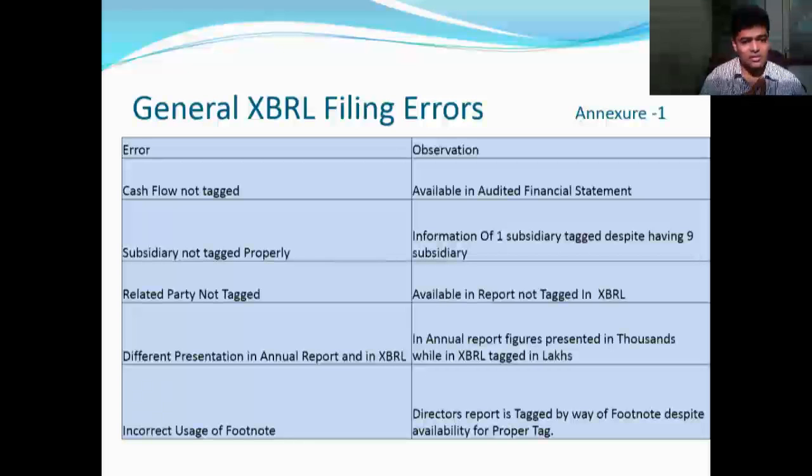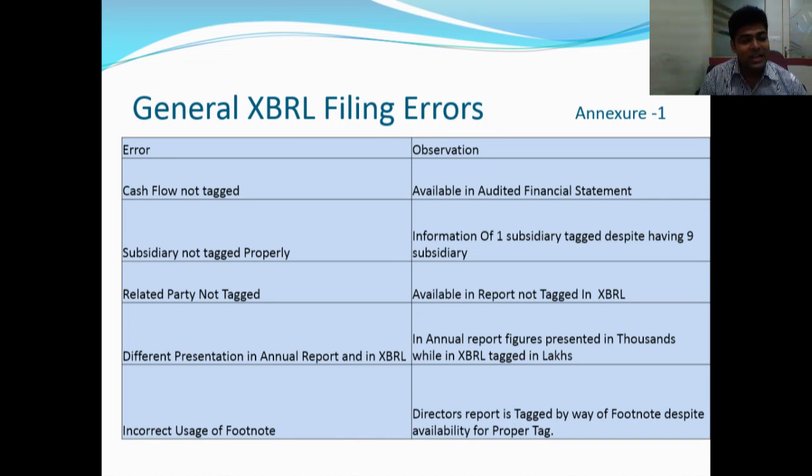This is recognized, like cash flow is given in the annual report, however it is not tagged in XBRL. Subsidiary information is given in the annual report for 9 subsidiaries, while only 1 is tagged, just to pass the XML file for validation purposes.